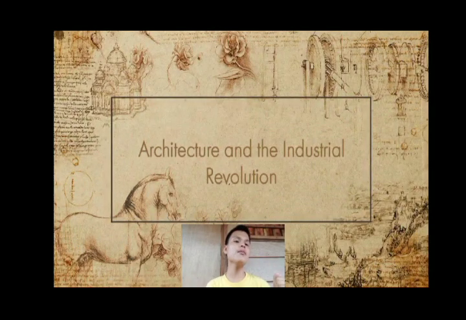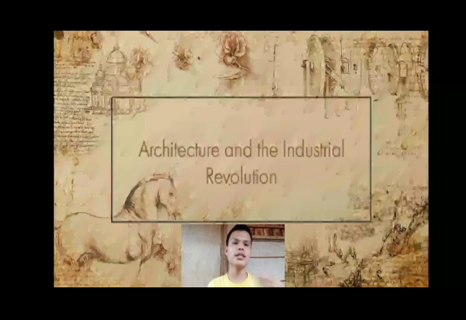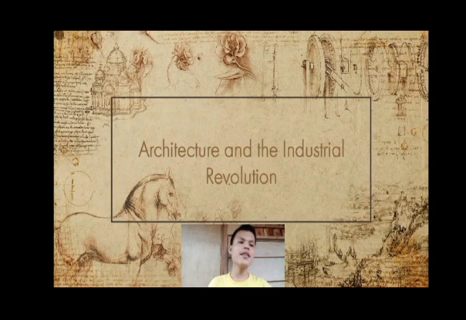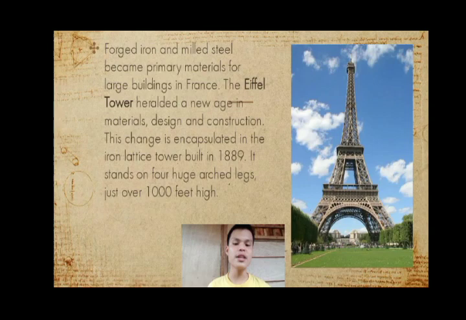They could still make tall buildings, but only up to a certain extent because of that limitation. With the emergence of the Industrial Revolution, forged iron and mill steel became primary materials for these large buildings in France.